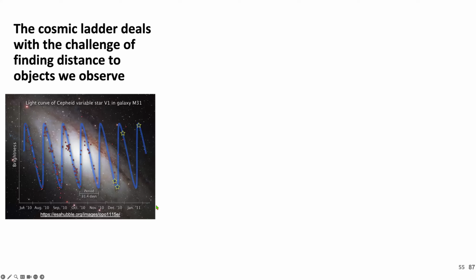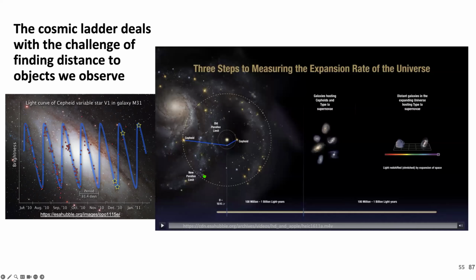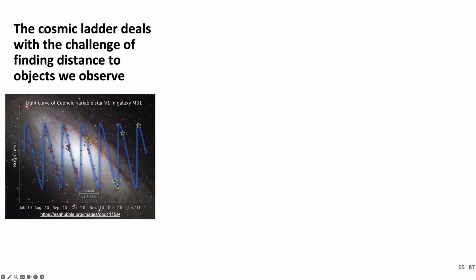One of the breakthroughs in understanding how to measure the distance to distant objects was to exploit something called a Cepheid variable star. These are stars that have the property that over time they get brighter and dimmer and brighter and dimmer, and it was discovered by Henrietta Leavitt that the period of oscillation, that is the brightening and dimming, is related to the distance.